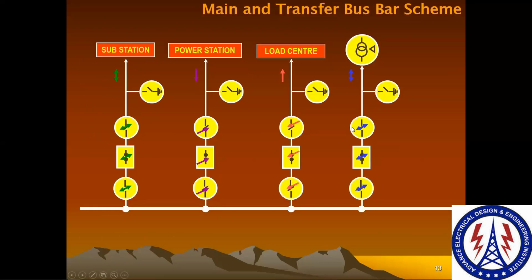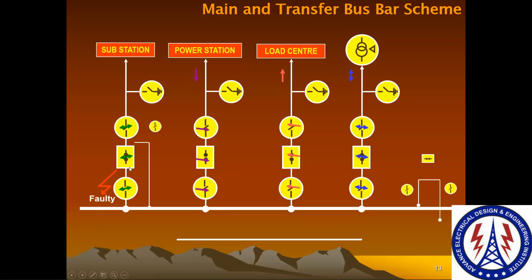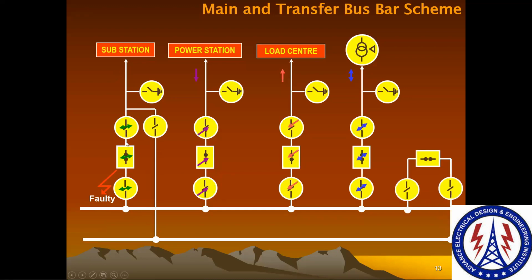Now in this main and transfer bus bar scheme, if you see, this is again the same as that one. When you have a fault on this bus, it is again interrupted. Now you will bypass this circuit breaker through this isolator, as you can see here. So this is the main and transfer bus bar scheme, because each feeder requires one circuit breaker.